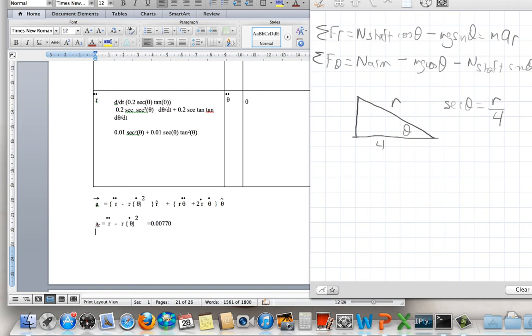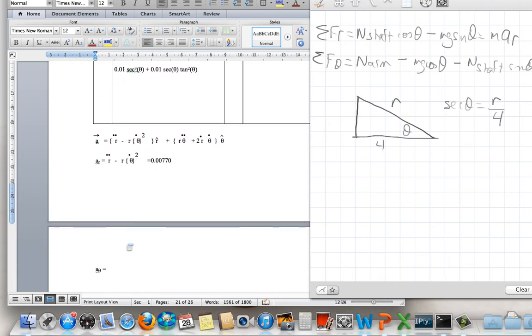And then, when we substitute in for our theta acceleration, the theta double dot term just disappears because that's 0. Then it's just 2 r dot times theta dot. And that should end up being 0.0133.